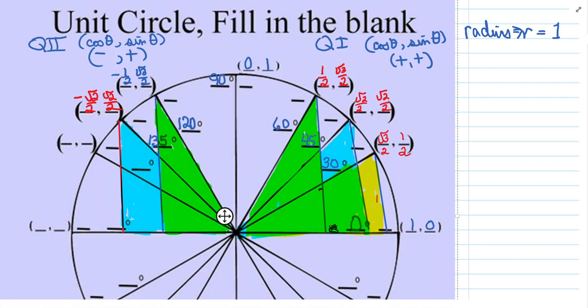And now I'm at 150 degrees. And this would make it a negative square root of 3 over 2 and a positive 1/2, which is the reciprocal because they're co-functional.